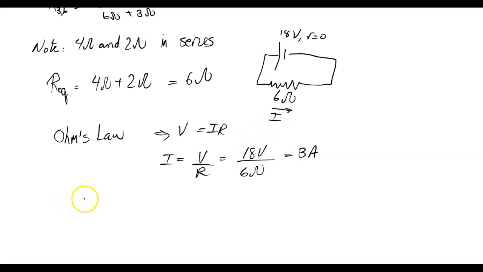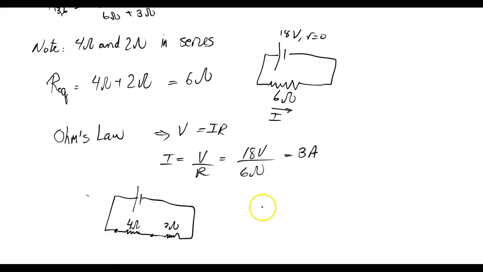And now we start going back in the process and say, okay, well, here's the circuit that we had before we combined the last two. So this is 4 ohms, this is 2 ohms.